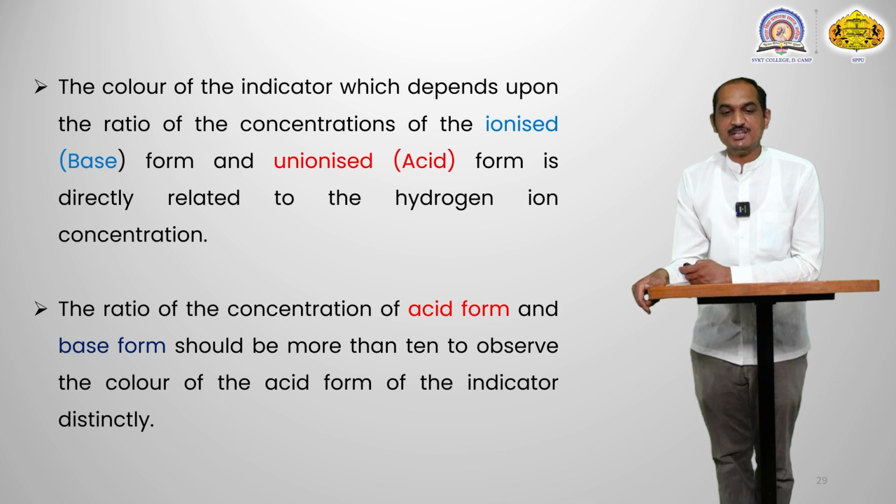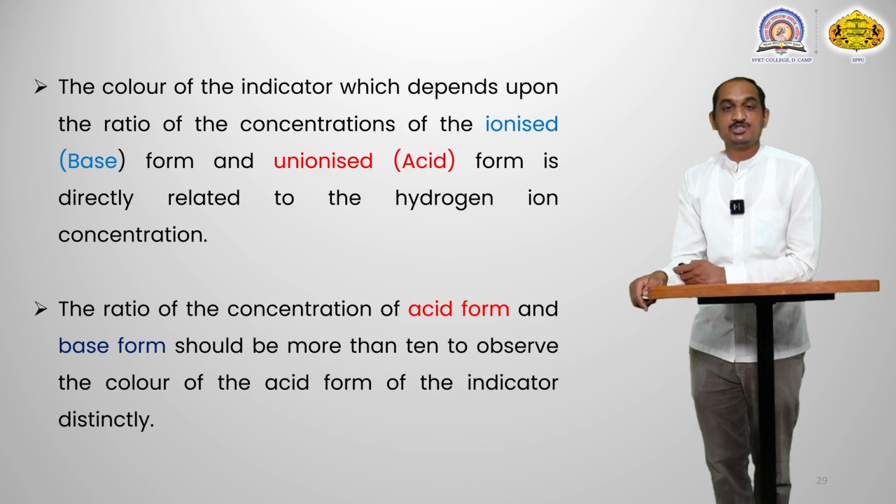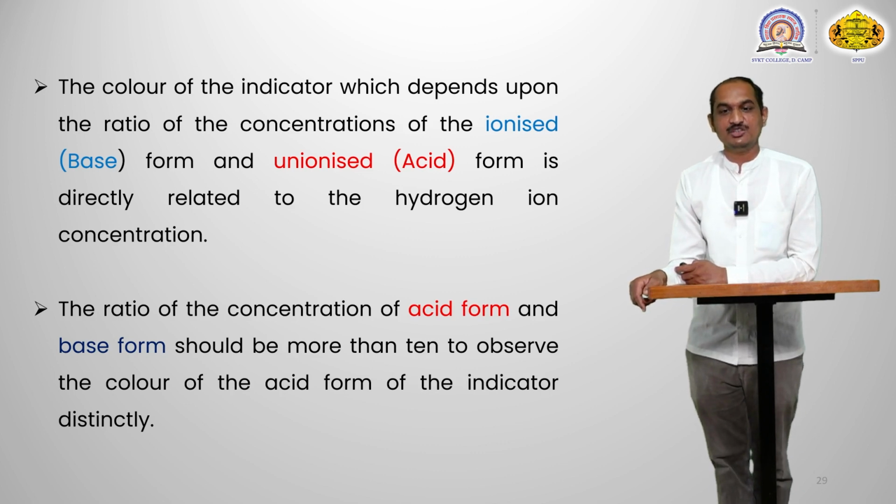So the ratio of the concentration of acid form and base form should be more than 10 to observe the color of the acid form of the indicator distinctly. Once again I repeat, the ratio of the concentration of acid form and base form should be more than 10 to observe the color of the acid form of the indicator distinctly.